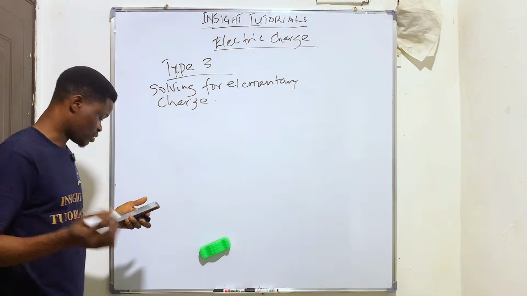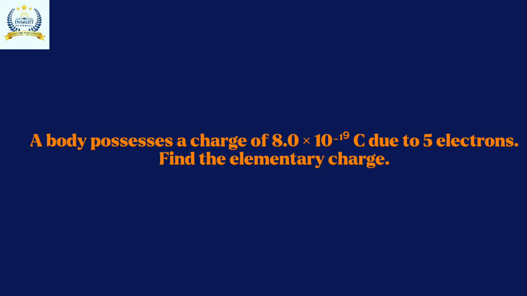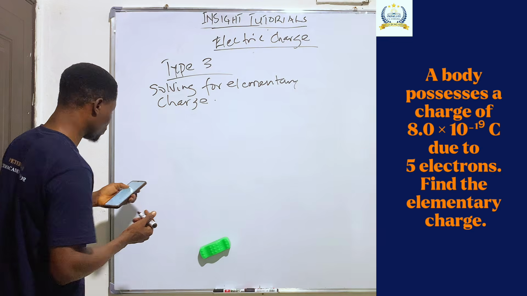Now, there's a question under this. A body possesses a charge of 8 times 10 raised to the power of minus 19 coulomb due to 5 electrons. Find the elementary charge.